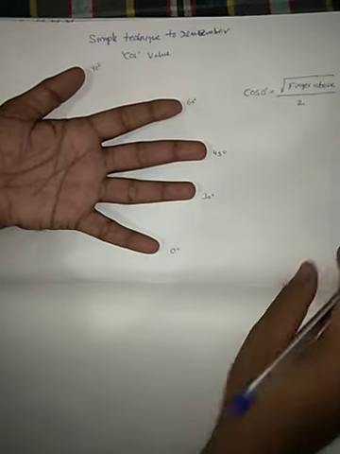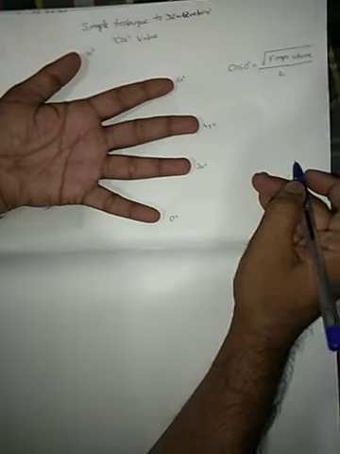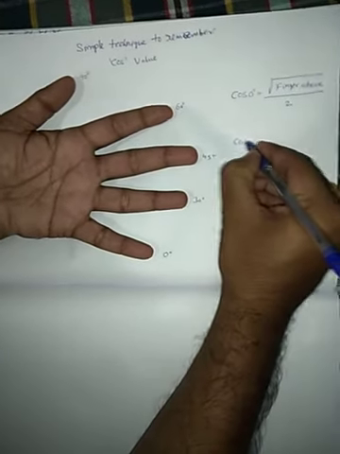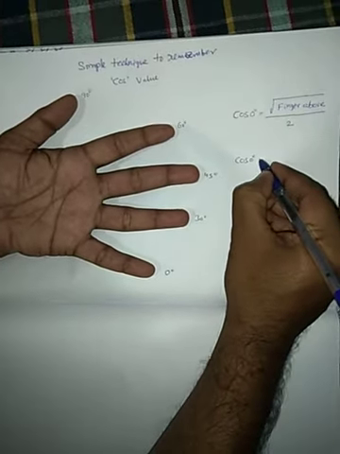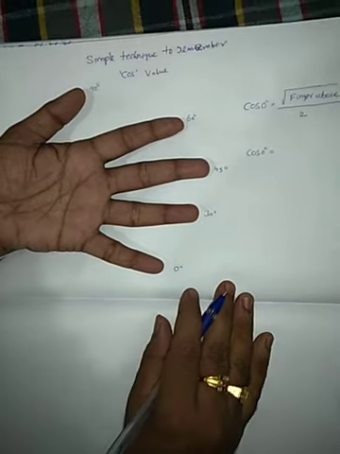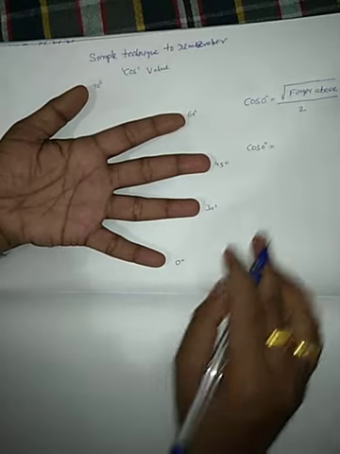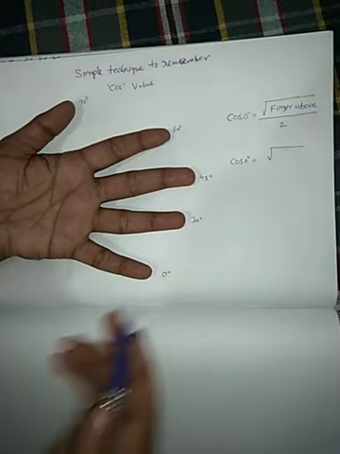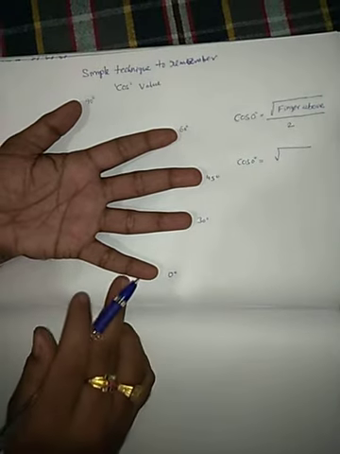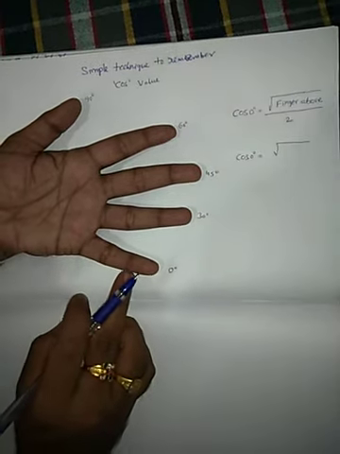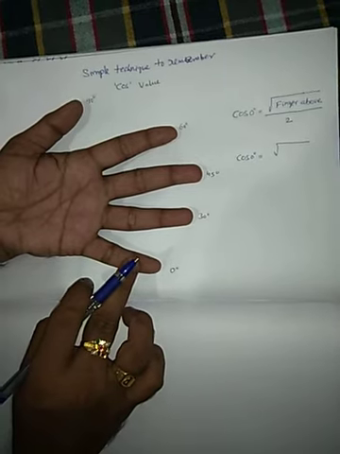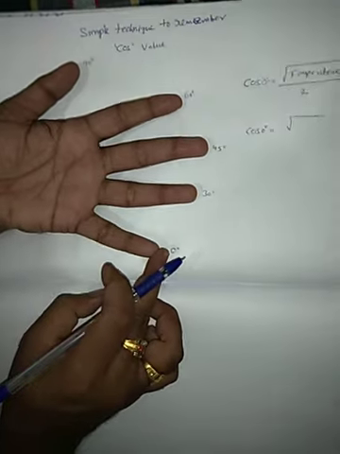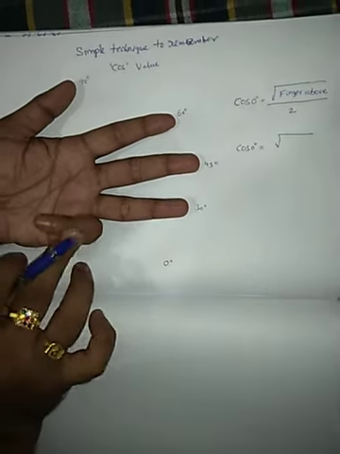Okay students, let us find the 0 degrees value. So cos 0 degrees is equal to... what does the formula say? Root over finger above. So now we are going to find cos 0 degrees. You have to fold your little finger.